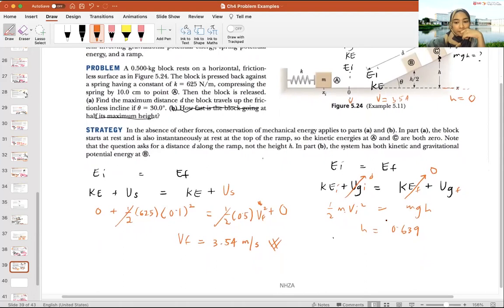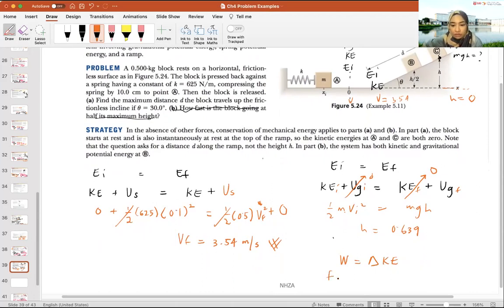Pelik tak? Okay, so remember our work energy theorem. Work energy theorem states that if I have work acting on the block, therefore I would have a change in energy. Now we are not doing any work on the block because there's no friction. We are not trying to overcome anything.